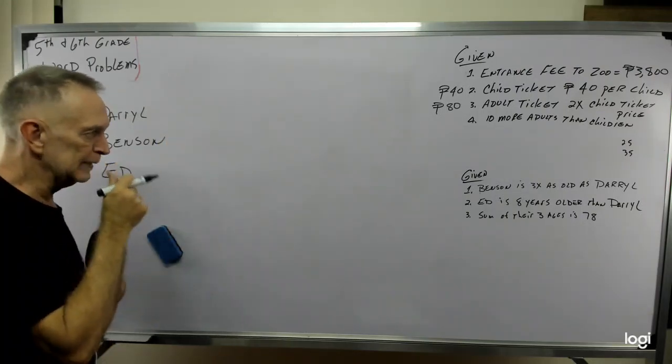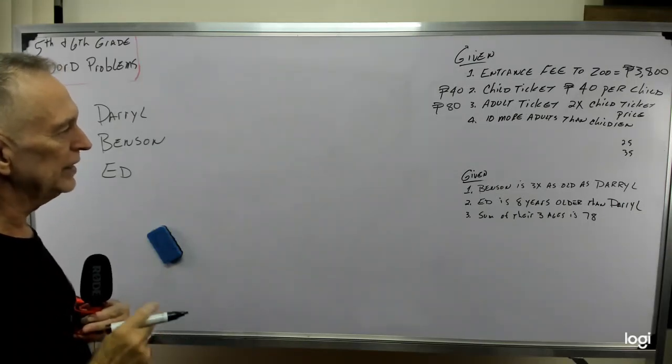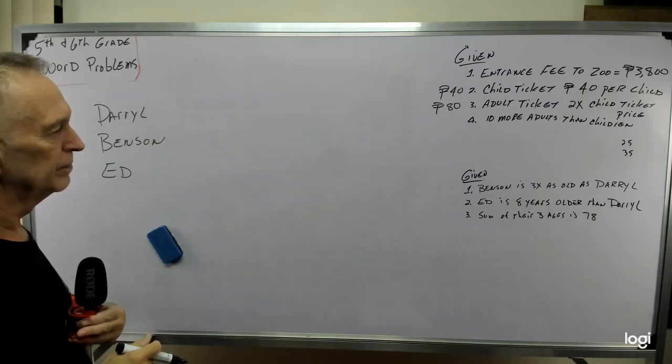Okay, it says Benson is 3 times older than Daryl.